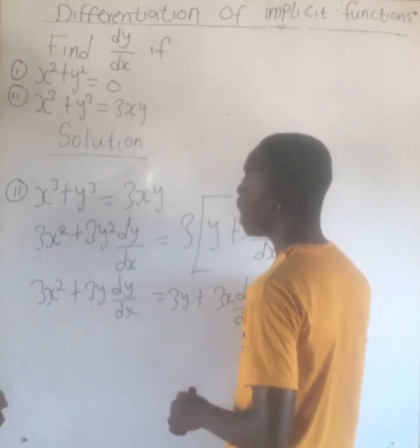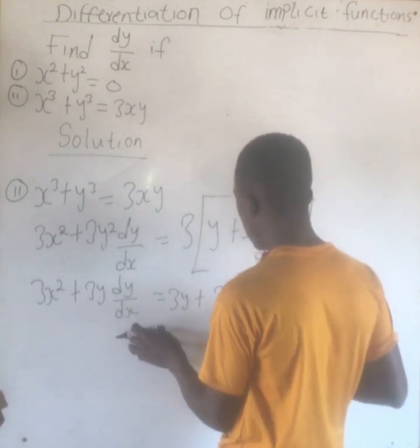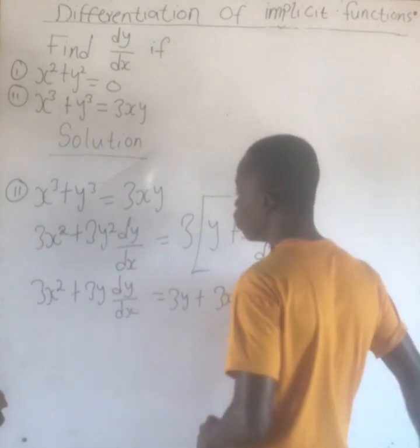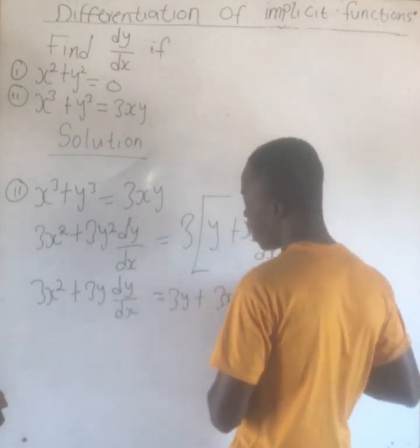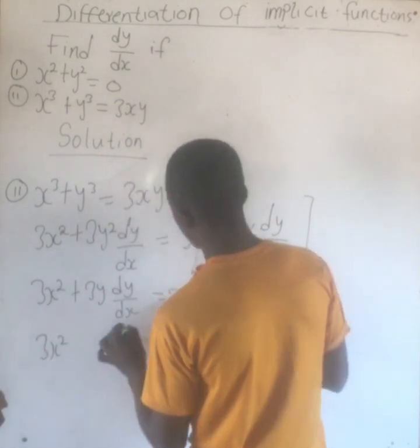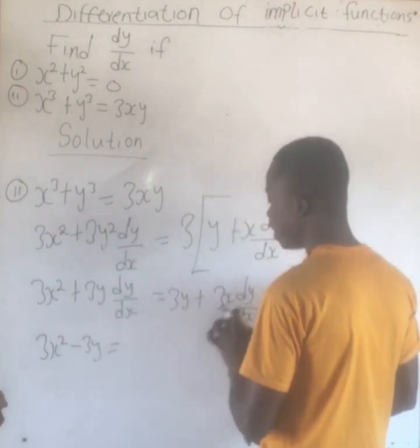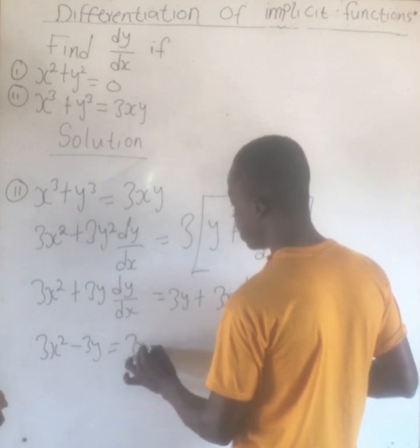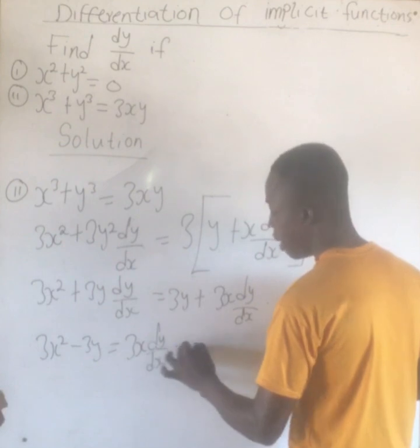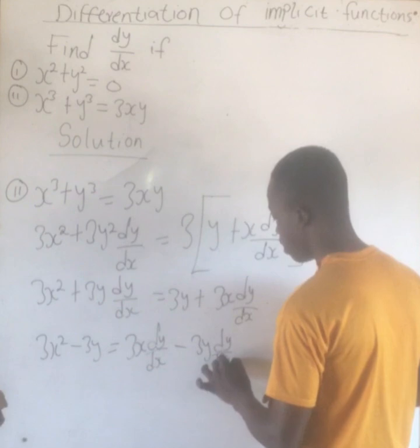So remember here we are being asked to find dy over dx. So we have to make sure we group those with dy over dx, whilst we group those without the dy over dx on the other side. So here we can send this one here, also send this one here. So we have 3x squared minus 3y equal to, you can also send this one here, 3x dy over dx minus 3y squared dy over dx.